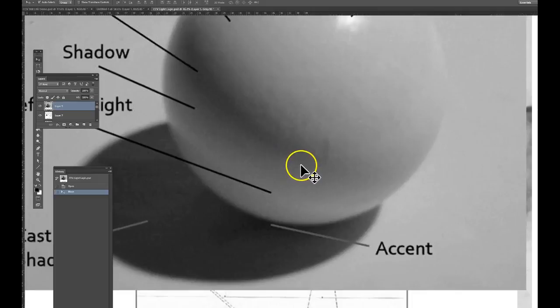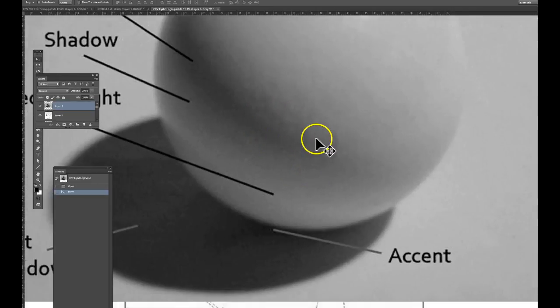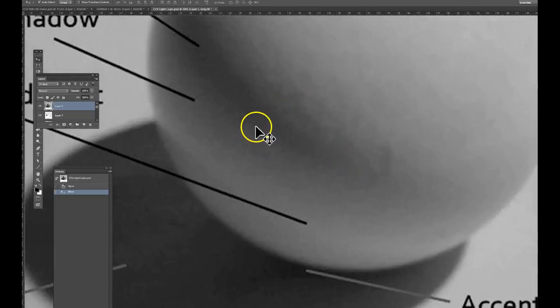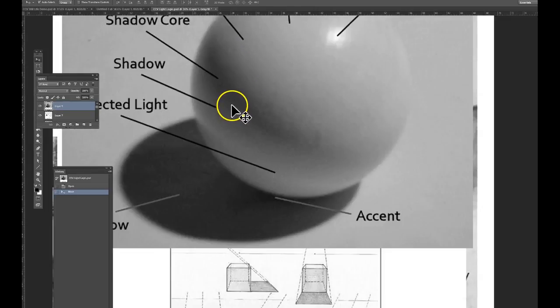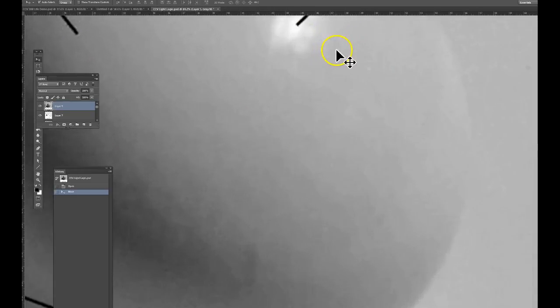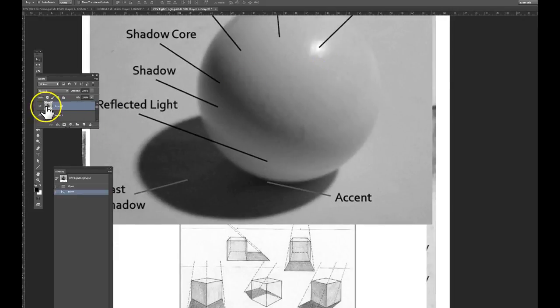But what's important, like what I was talking about last time, is seeing those very subtle value variations. See how they're not so dramatically different. There's subtle shifts from one value to the next, and that's what makes something really realistic seeming.